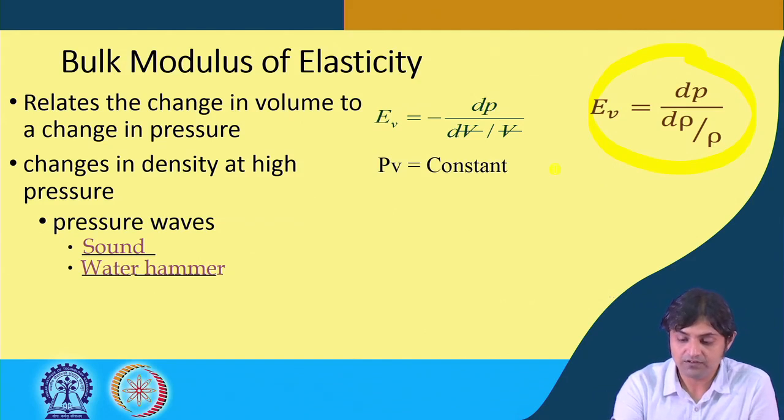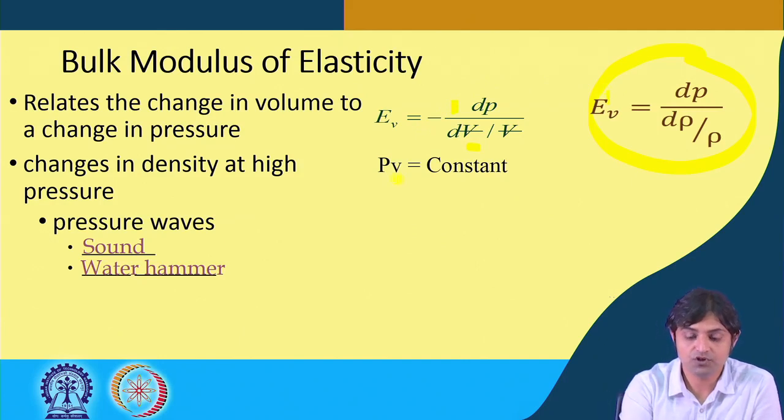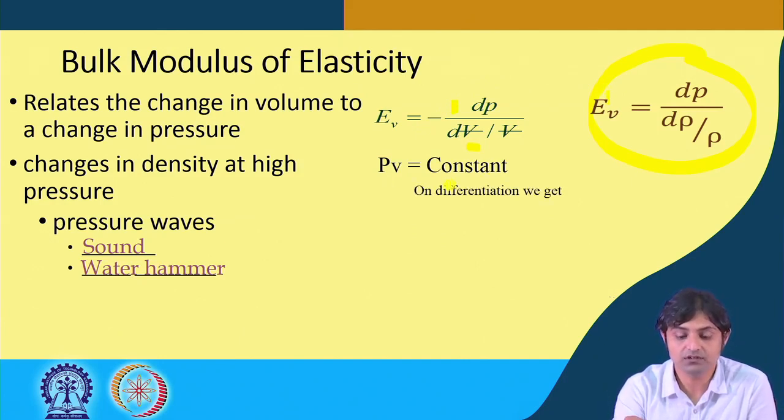So now I promised that I will show you how to come from this equation to this equation. So we already know PV is equal to constant.